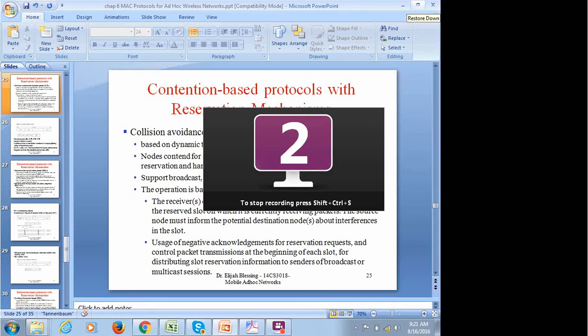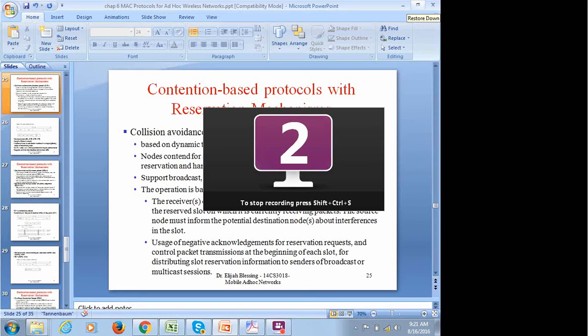So that means the receiver has the requirement to communicate to all the potential source nodes that a reservation has already taken place. Are you getting what I'm saying? And the source node should also inform all the destination nodes, or whoever it wants to communicate with, about the reservation of the particular slot.